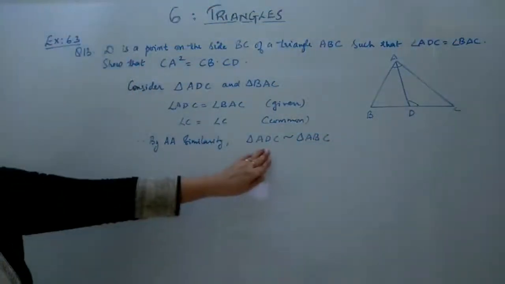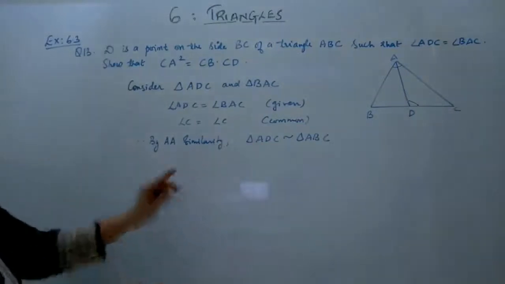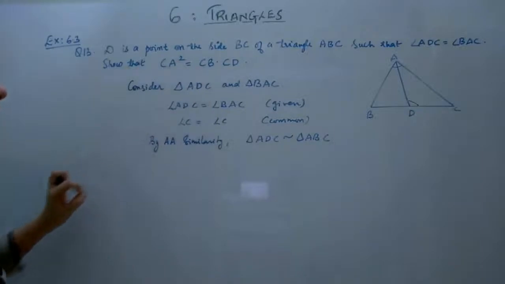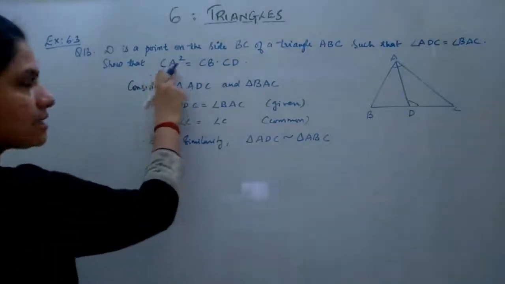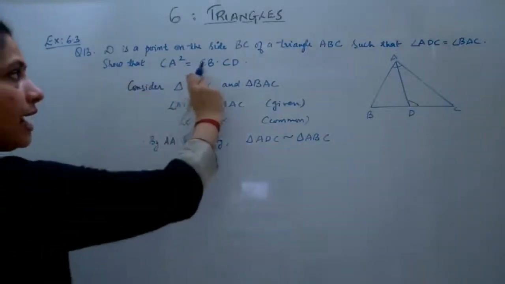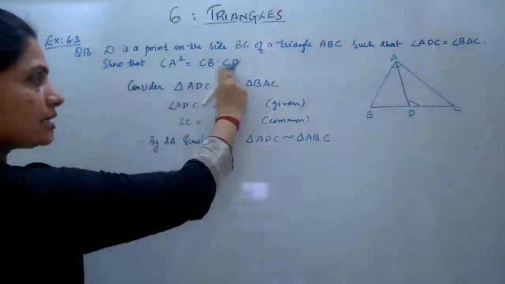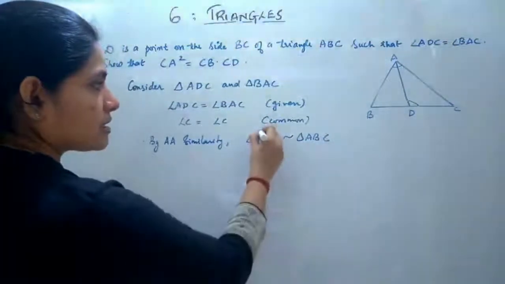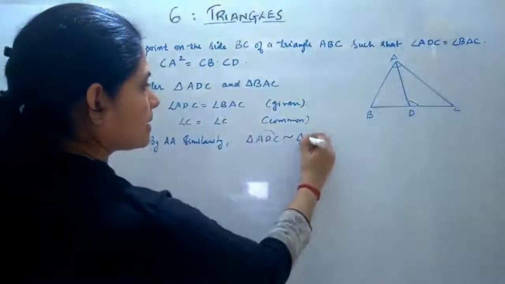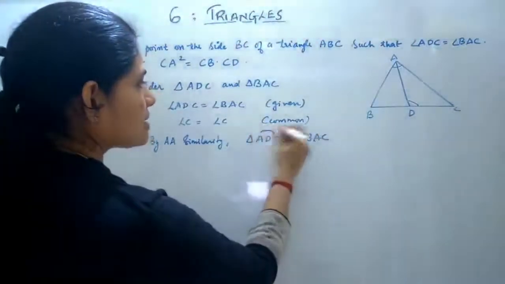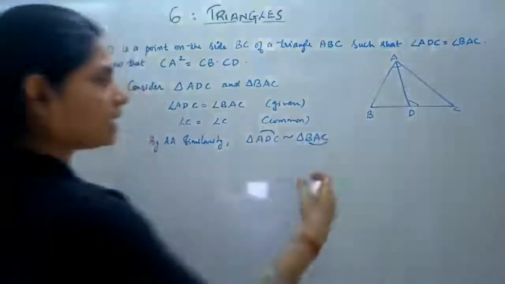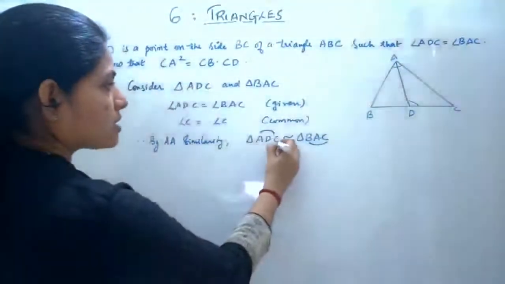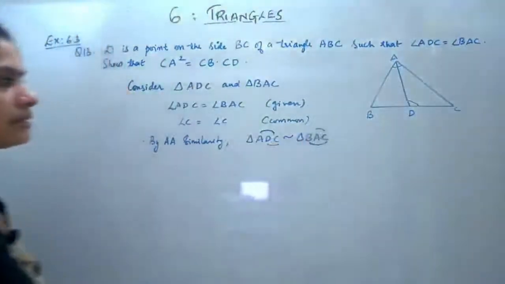From this we can take the corresponding sides we need in the question. You have AC in both, and then CB or BC, and CD. If I am taking AC, I have to take BC from the other triangle, and if I want CD, that is DC, I have to take AC.